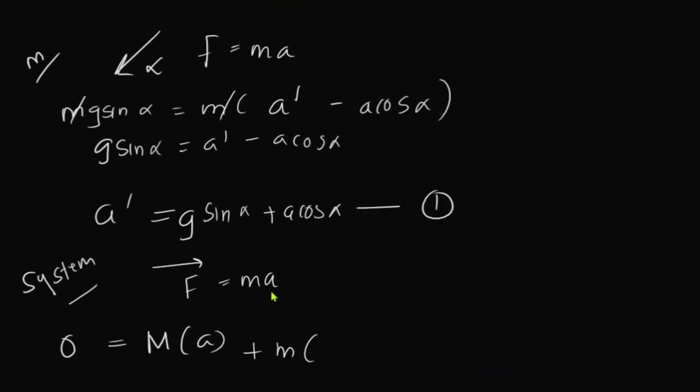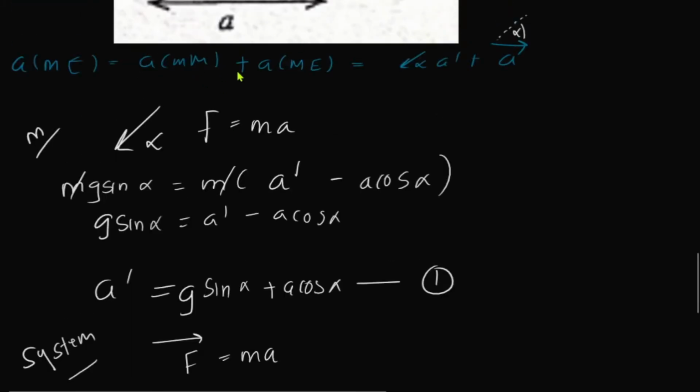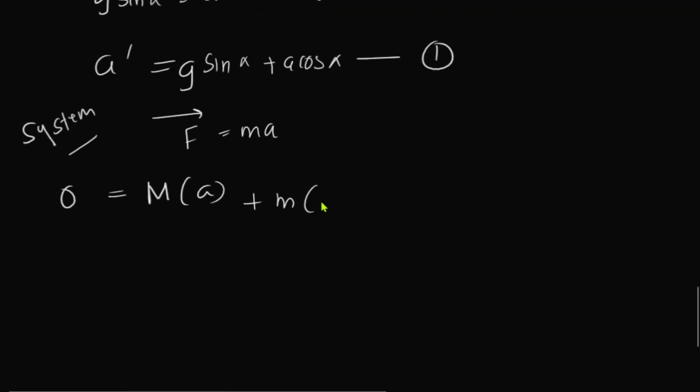What is the acceleration of simple m particle in the horizontal direction? In the horizontal direction, A minus, there is a component of A dash, right? If you take the horizontal component of A dash, it is going to be A dash cos alpha in this direction. So A minus A dash cos alpha, right?